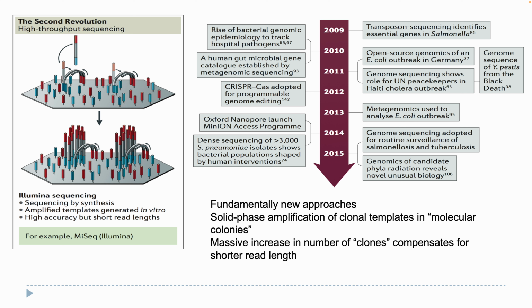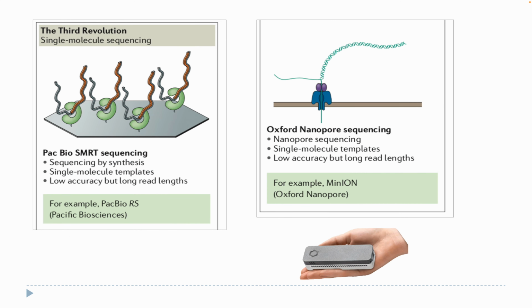So at its best, Sanger sequencing would give you perhaps a kilobase of sequence in a single read, whereas with this, it started off at 50 or 100, 150. It got to be a few hundred as time went on, but nonetheless, it never quite got up to what we saw with Sanger sequencing at its best.